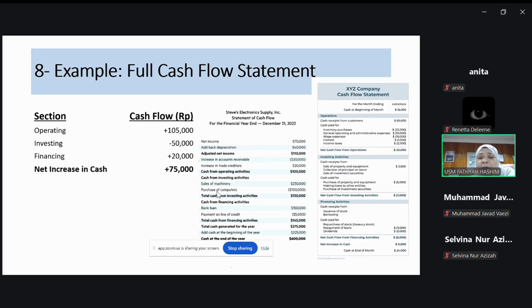If you have operating of positive 105,000 rupiah, investing in a negative form, which means the cash outflow for investing activities is more, and financing of 20,000, where the cash inflow is greater in financing activities, then you add them up, plus, minus, plus. If it is a plus, it's a net increase in cash.